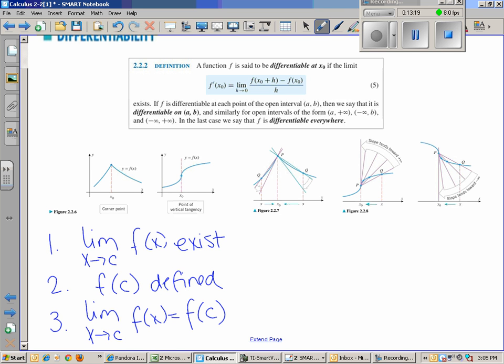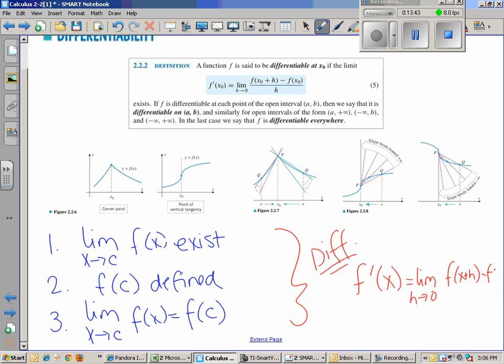And now, in addition to that, we're going to tack on one more rule. For differentiability, all of those are true, and there's one more step. The derivative of x, which remember, is the limit as h goes to 0 of f of x plus h minus f of x all over h.